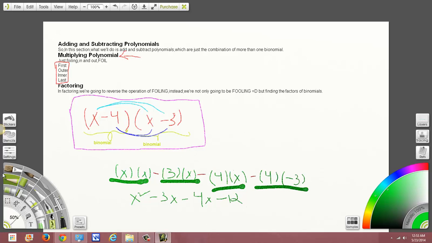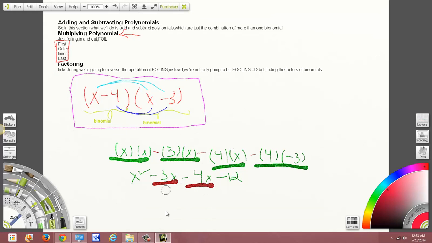Now we're going to add like terms. So we're going to add minus 3x minus 4x. What is that? Well, that is minus 7x. So x squared minus 7x, and we shouldn't put 7x squared because this isn't multiplying, this is subtraction.